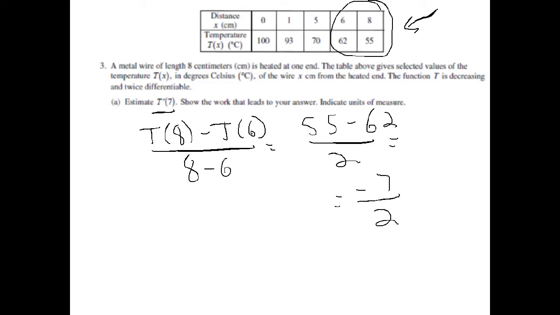And then I see this last part, indicate units of measure. That sets off our little alarm bell that we need to make sure we put the units of measure. Well, T prime is going to be a rate. It's going to be a rate of what we consider the y value, degrees Celsius per centimeter.